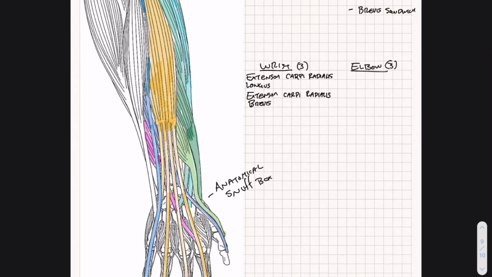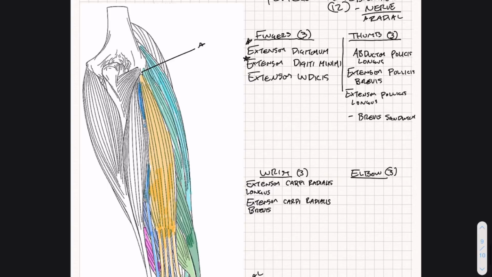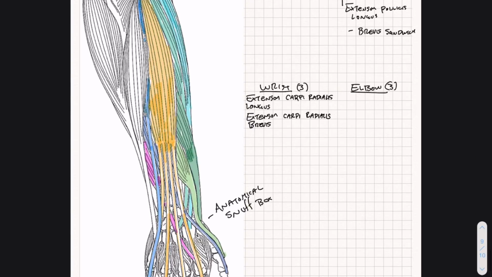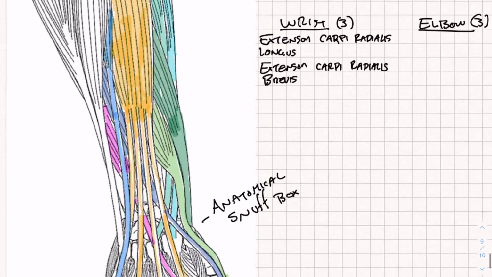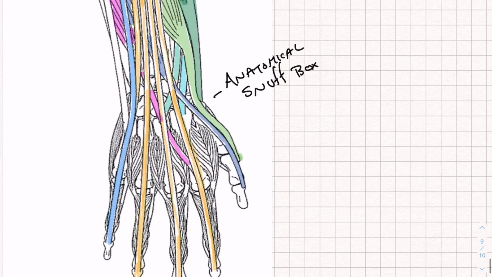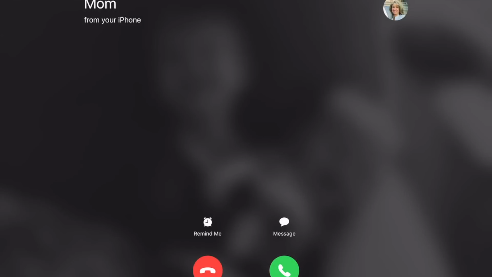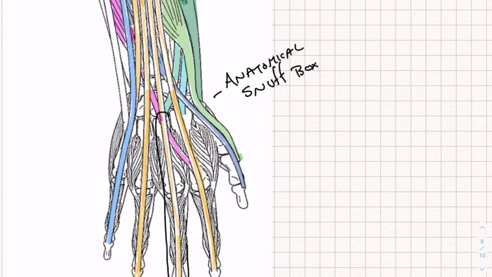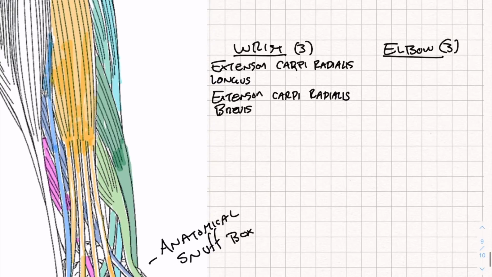I haven't really talked about the functions much because the name tells you what they do. And they're all innervated by the same nerve, so we're just kind of getting through the names here. That extensor carpi radialis brevis is going to the metacarpal of the middle finger. So we like to say brevis goes to the bird.